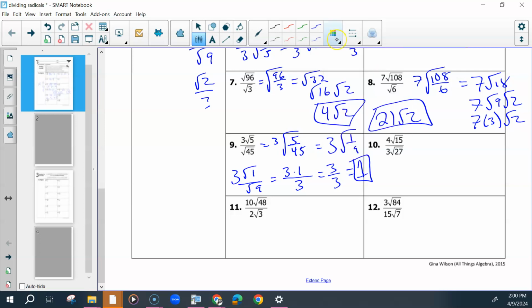Alright, last one on this page. 4 and 3, my coefficients on the outside of the radical, cannot be simplified, but 15 over 27 can be. I'm going to rewrite this like this. And then 15 over 27 would simplify to be 5/9.